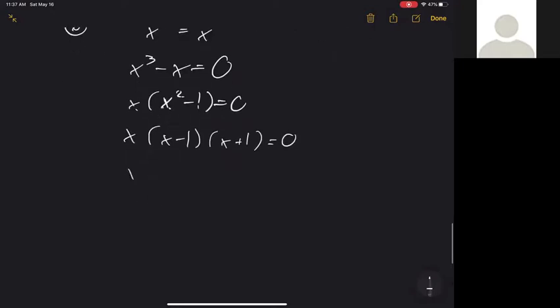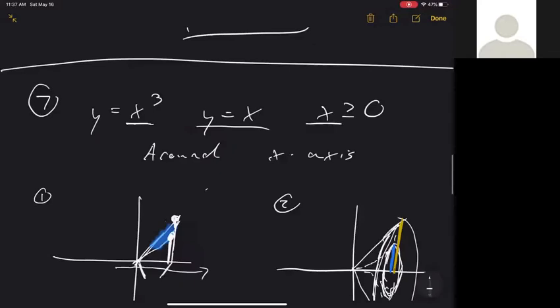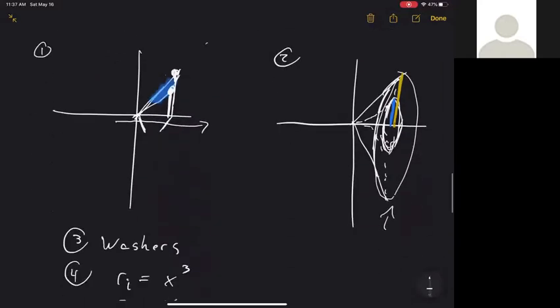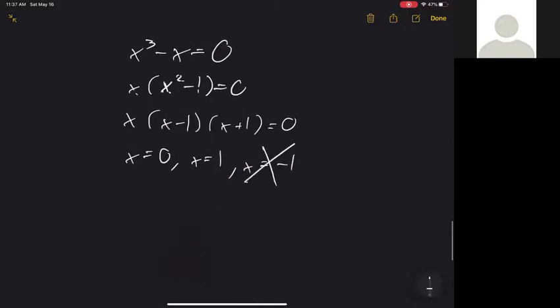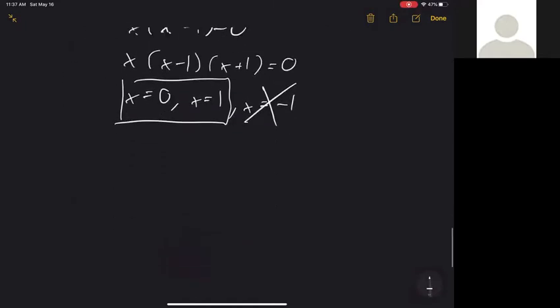So this has solutions x equals 0, x equals positive 1, x equals negative 1. Since in the beginning we had the condition x greater than or equal to 0, let's eliminate that one. So we have these 2 points where our curves intersect. So my bounds of integration are going to be 0 to 1. Now I have all the information I need to set up my integral and integrate.